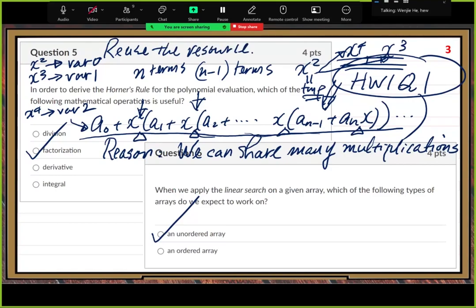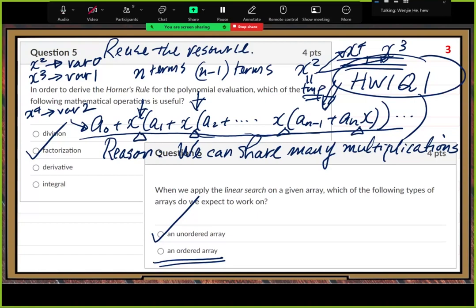But the other case people get wrong frequently is when the data is not ordered.